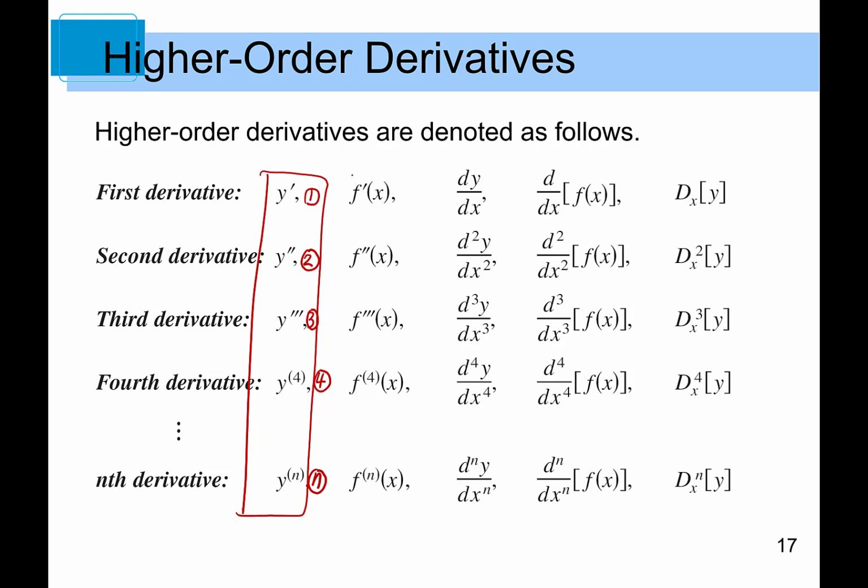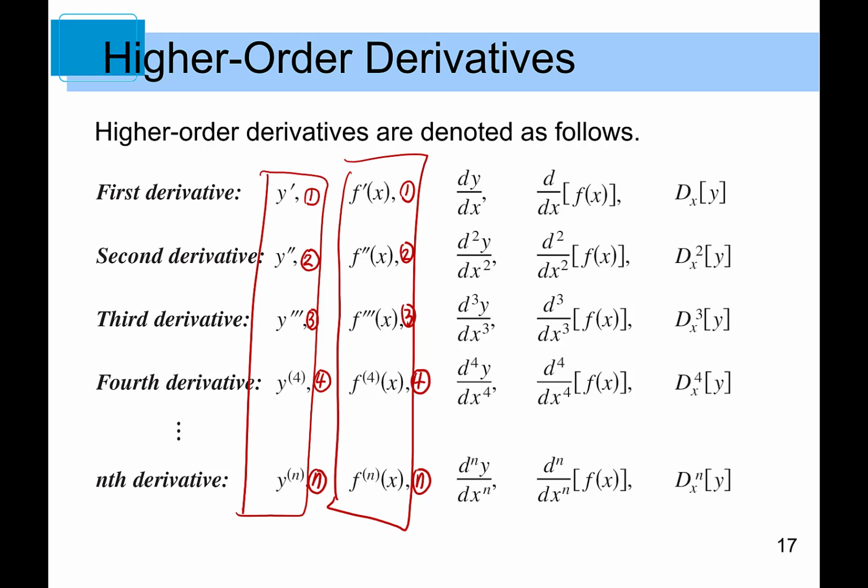Another way would be this: f prime of x, the first derivative, f double prime of x, the second derivative, f triple prime of x, the third derivative, f fourth prime of x, the fourth derivative, f n prime of x, which is the nth derivative. And that's the second way of writing that.